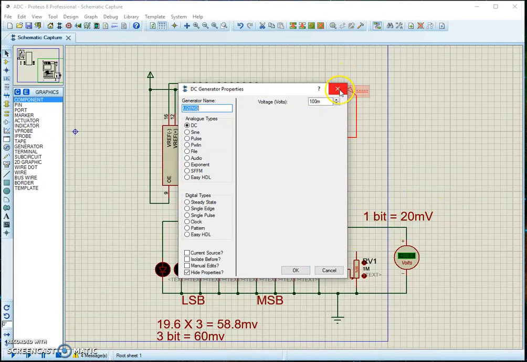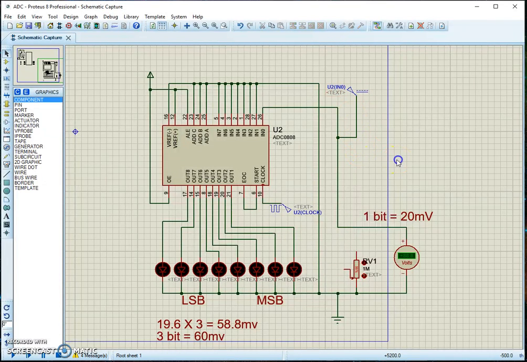Okay, let's change it back. So let's say I connect it back here, and this is connected here. Now the connection should change.